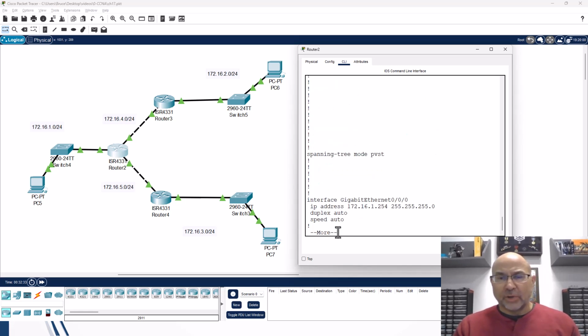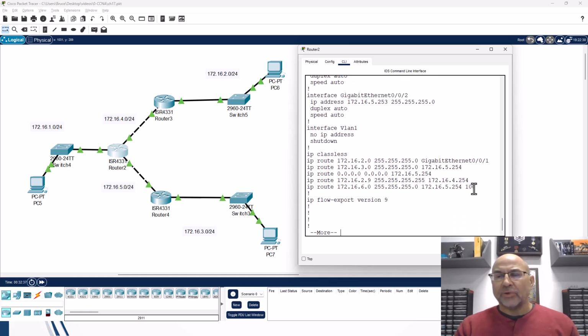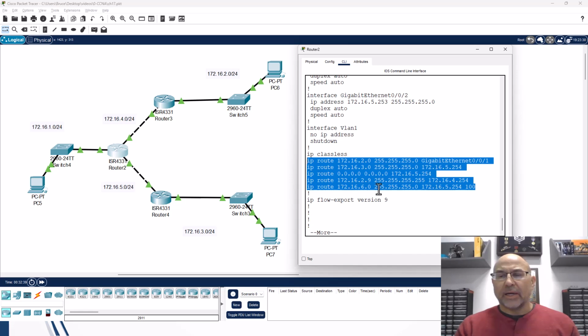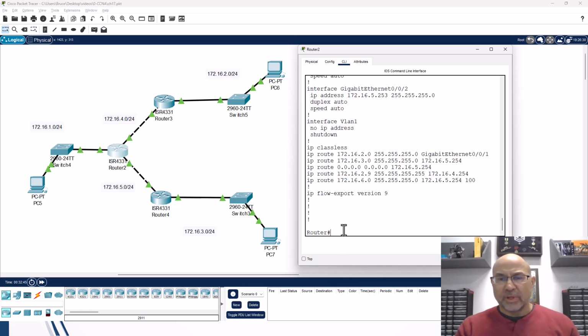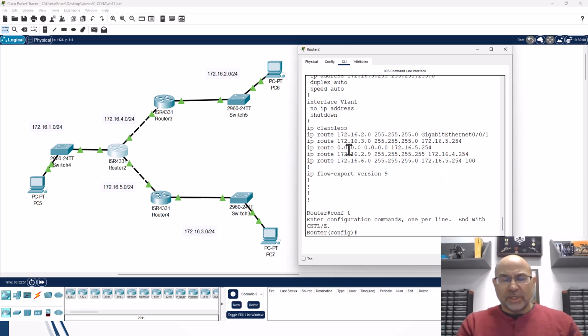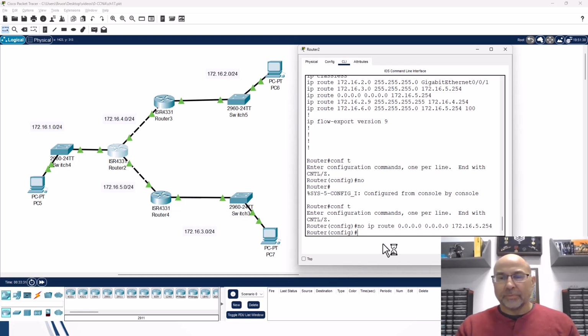By the way, I thought I would show you the show run command. You can see that I've got all of these entries in here. And what I'm going to do is get rid of this route here. Well, I'll get rid of both of them and I'll show you how to do them again. Okay, so config T, and I'm going to say no. We'll also get rid of the host-specific route.